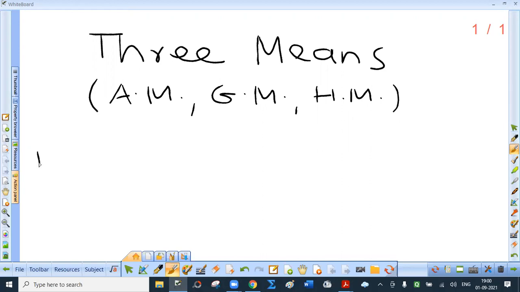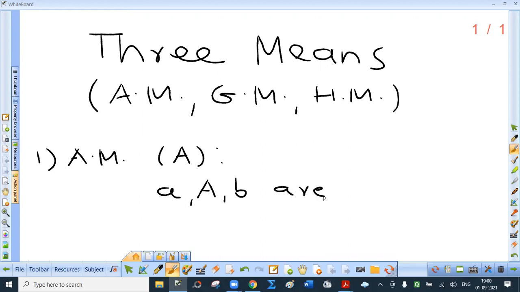First is the arithmetic mean. We are going to denote the arithmetic mean by capital A. Now, how will you define the arithmetic mean? The definition is very simple. If a, capital A, b are in AP, then the middle one is called an arithmetic mean between a and b.